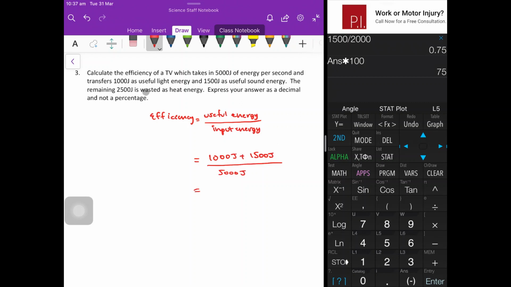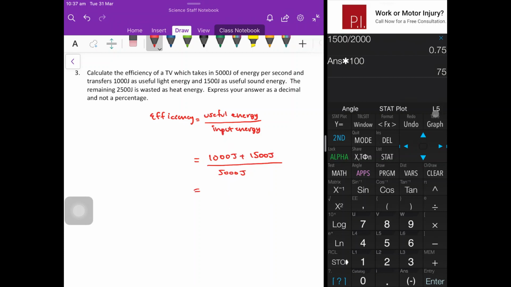So what do you notice about this 2,500 joules, which it says is wasted as heat energy? It doesn't actually belong in our working, does it? Because our equation, useful energy divided by input energy, makes no mention of wasted energy.